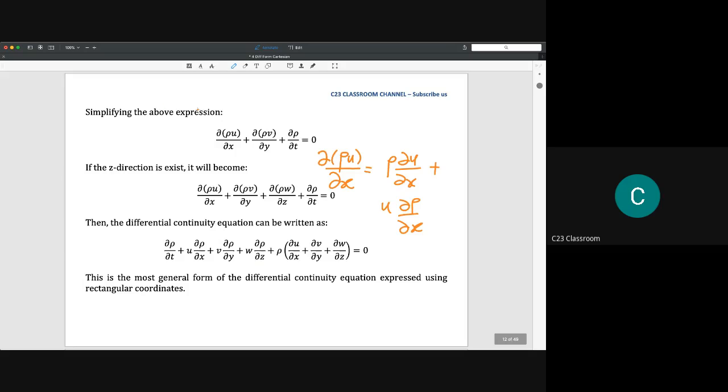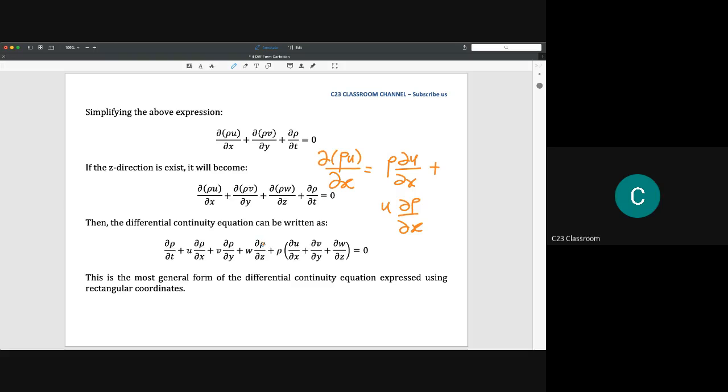So the density here is constant, and there is no del rho. Del rho over dt means the changes of density along time. D rho over dx means there are no density changes along the x-axis, along the location of x. And also there are no density changes in the y-axis and no density changes in the z-axis.